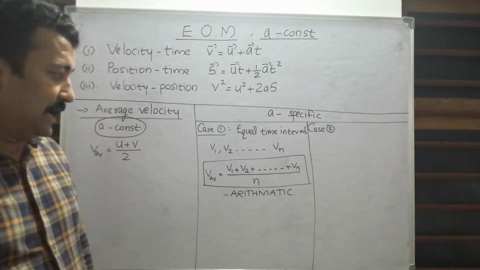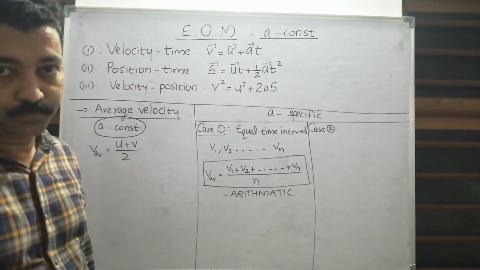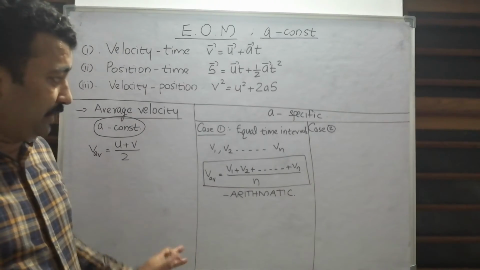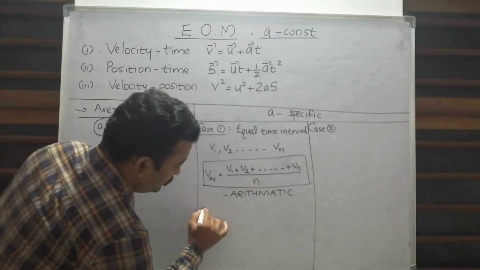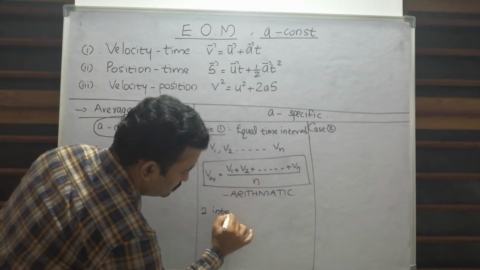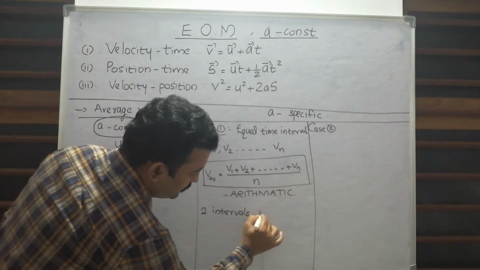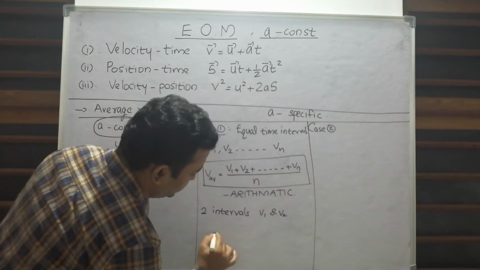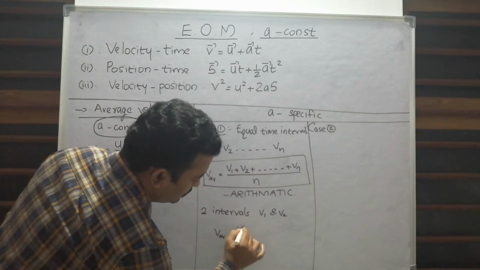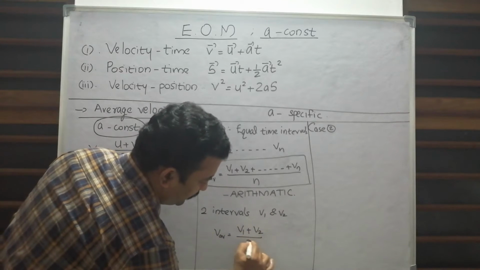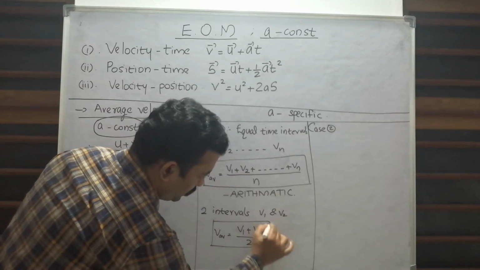If there are only two intervals, say v1 and v2, the expression becomes very simple, that is v1 plus v2 divided by 2.